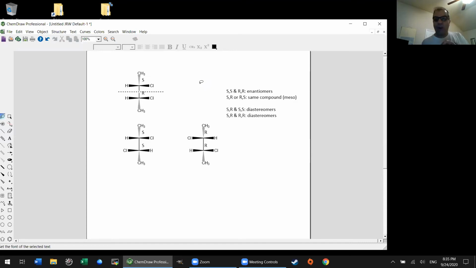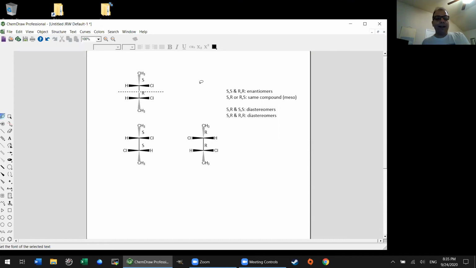Always. There are no exceptions. So with just 1 chiral carbon, you will always and only get just an enantiomeric pair. So what that means is that in order to get the possibility of diastereomers, you do need multiple chiral carbons, at least 2. So that's pretty much the situation as regards enantiomers and diastereomers.